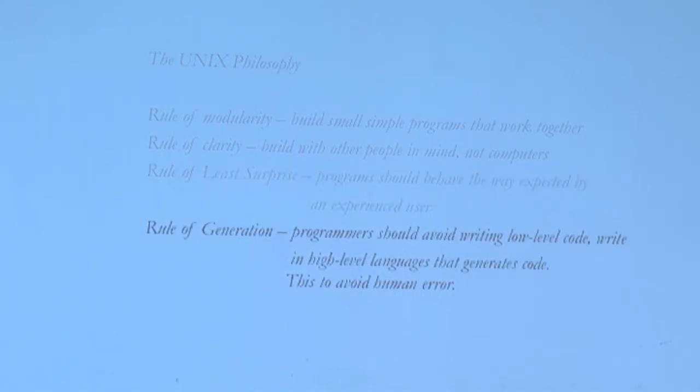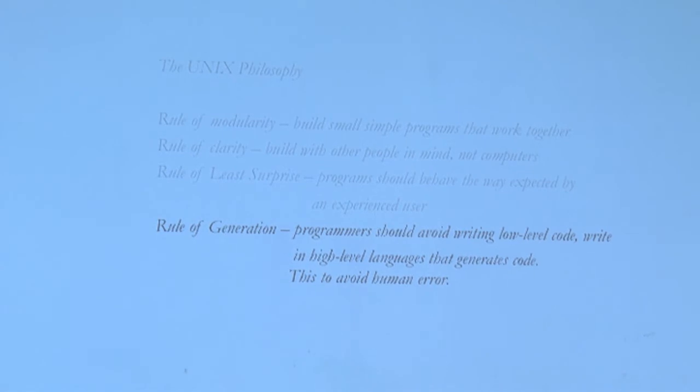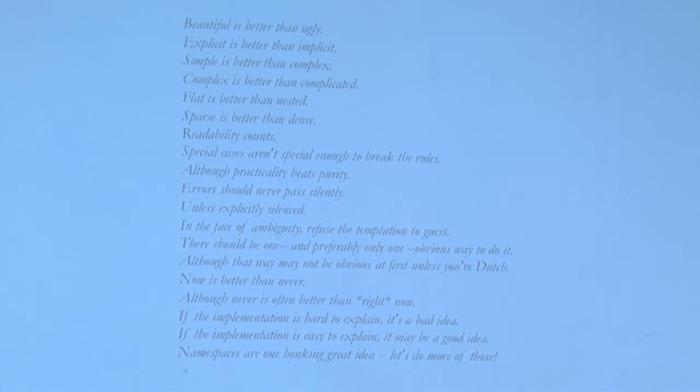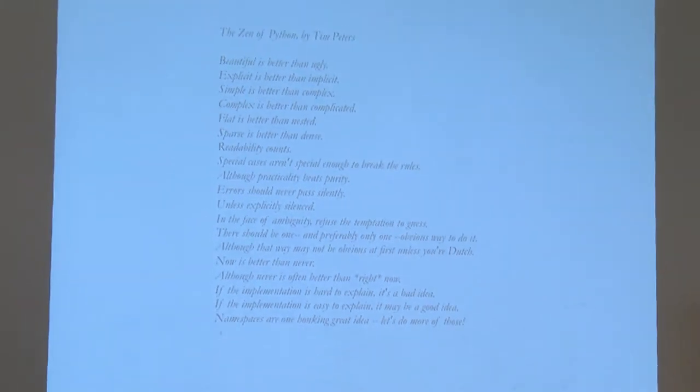And we have the rule of generation, saying that a programmer should not be doing low-level stuff, which fits in very well with what we're doing here. We're using a high-level language to make sure we can get lots of things done in a short amount of time. Together with this, we also have the Zen of Python, which is some really nice koans.